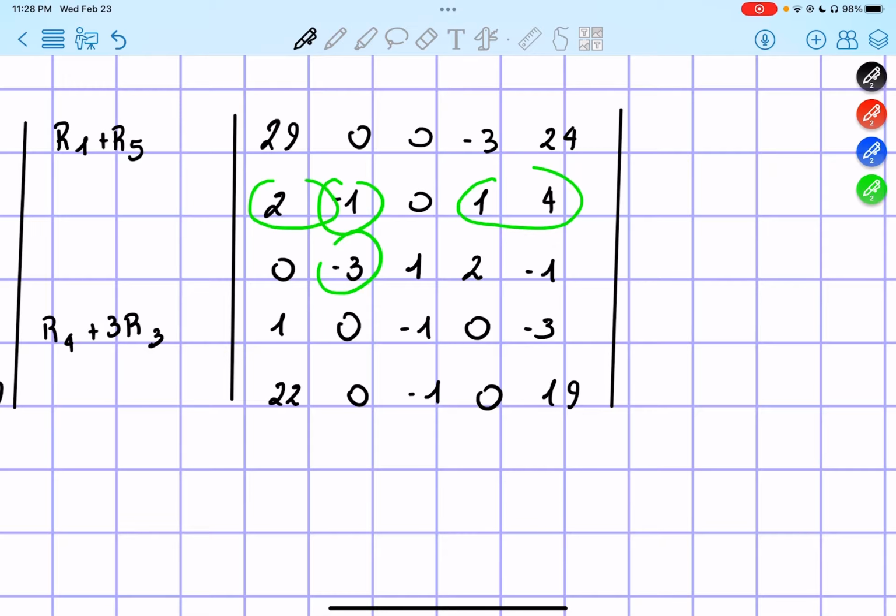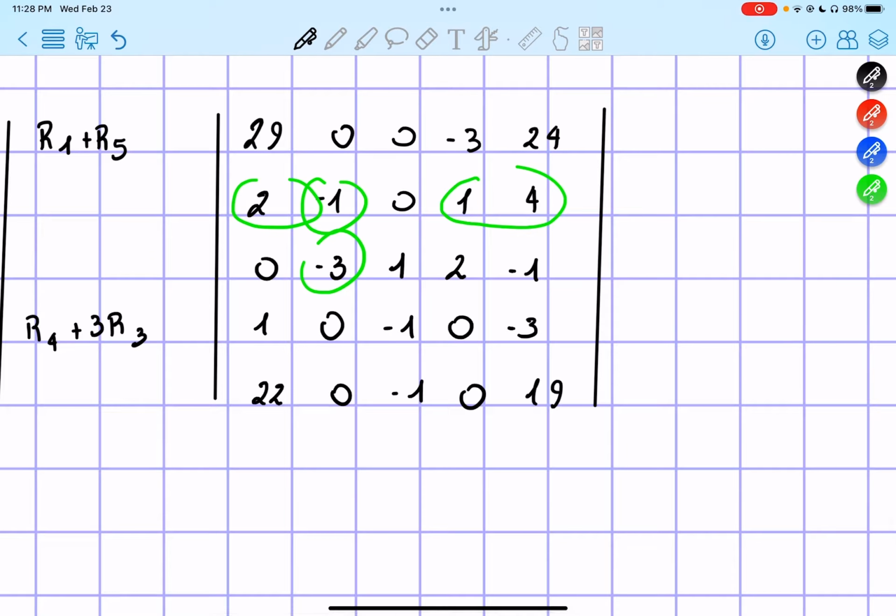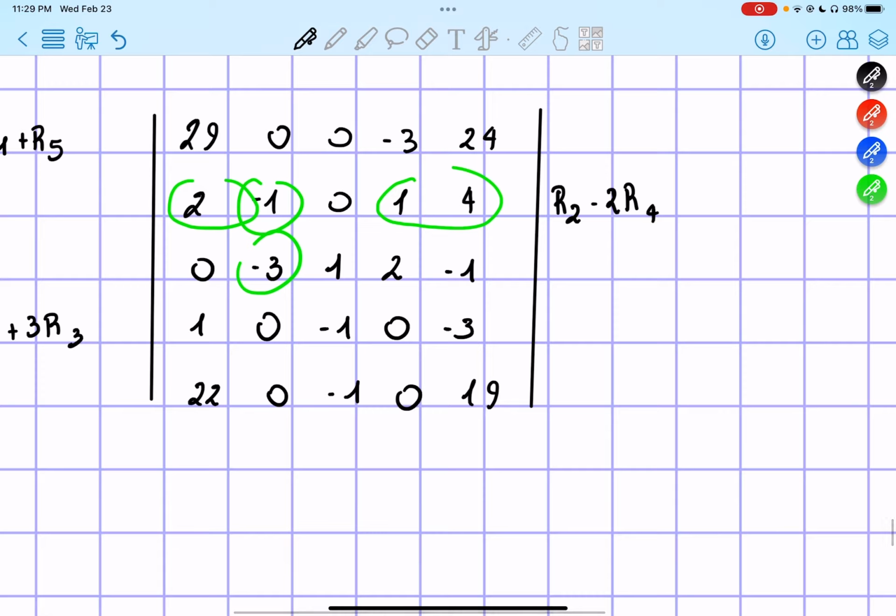Let's try. So I'll do row 2 minus 2 times row 4. Would that work? Yes.